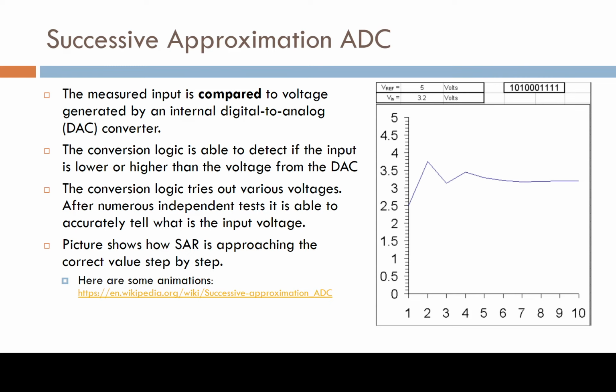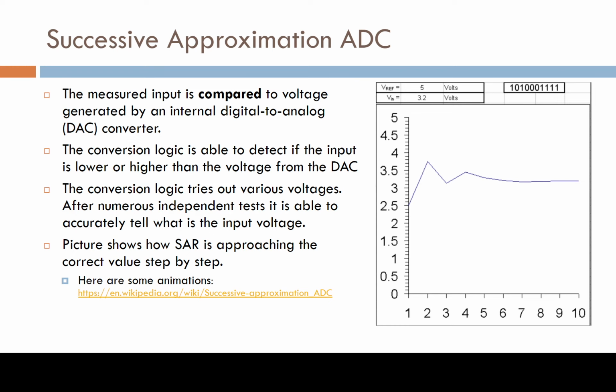Okay. How the successive approximation ADC converter actually works. There are some simulations. Basically, it starts guessing the value. In here, for example, we have the 5 volts reference, and the input is 3 volts, and this actually compares the input to our guess. So first you turn on the highest bit, the most significant bit, which is equal to half of the reference.